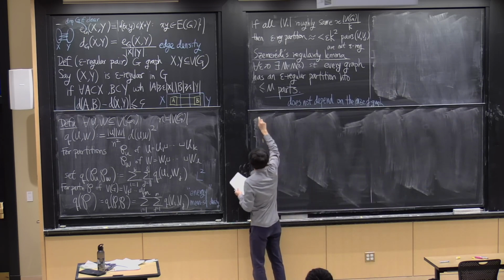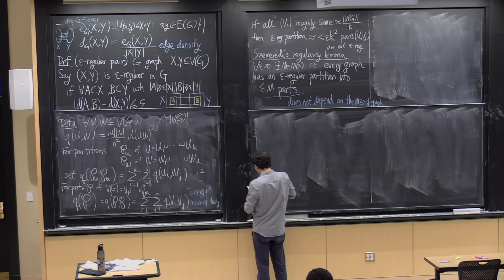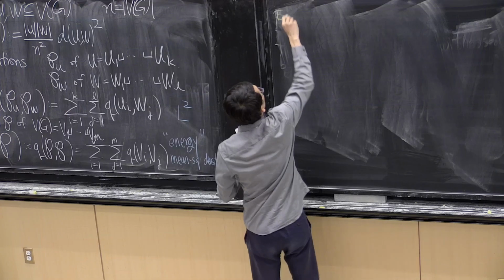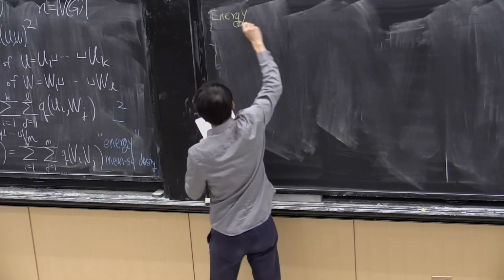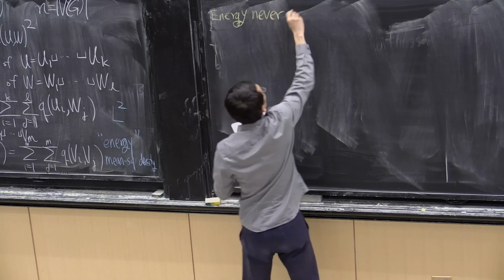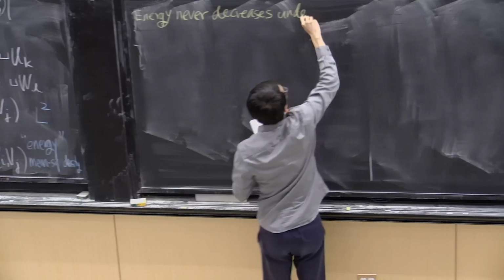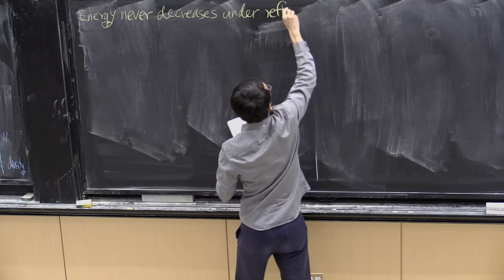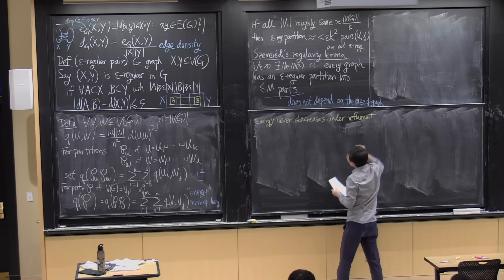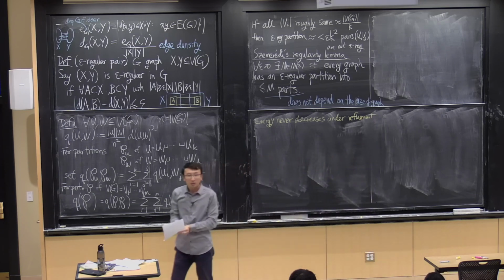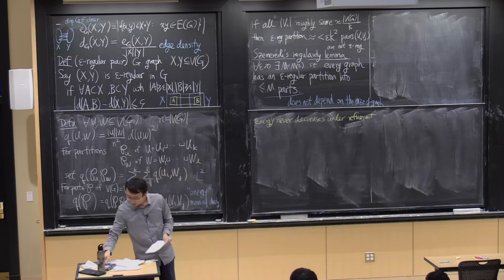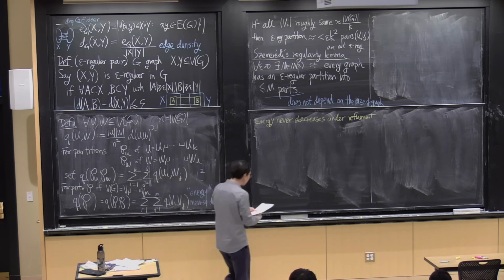And the point of the next several lemmas is that the energy never decreases under refinement, and it sometimes increases if your partition is not epsilon regular.